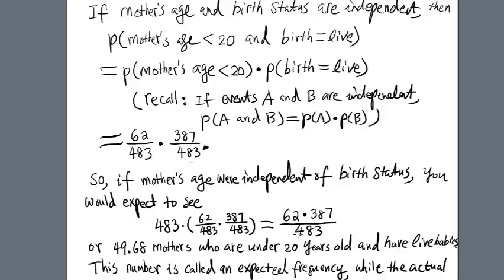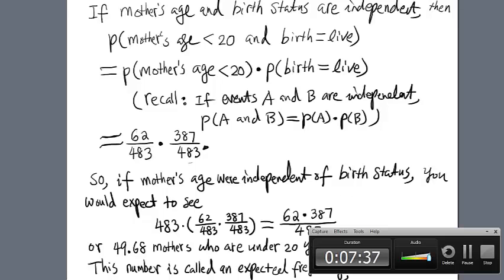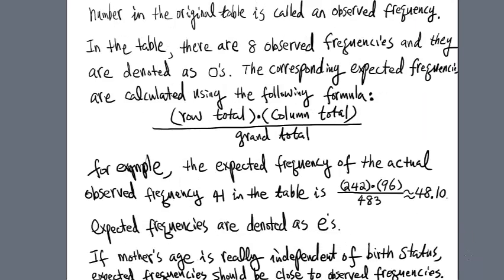While the actual number, 49, in the original data is called an observed frequency. In this table, there are 8 observed frequencies, and they are denoted as O's.